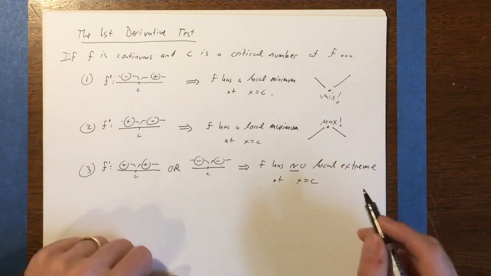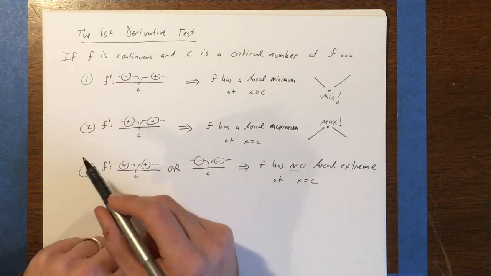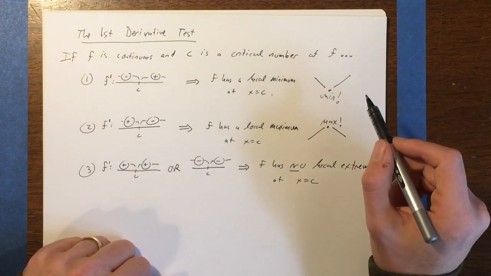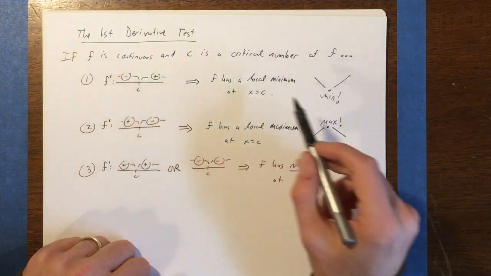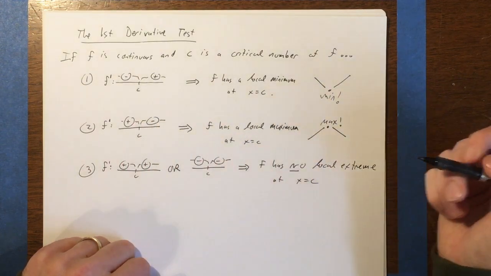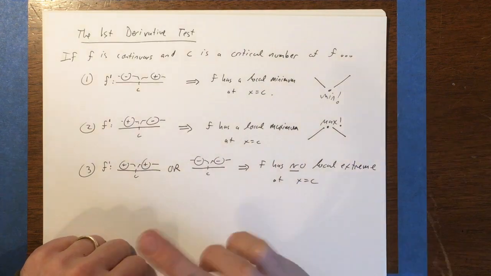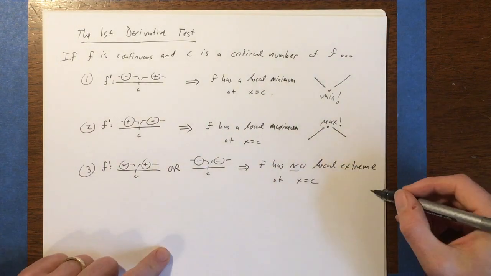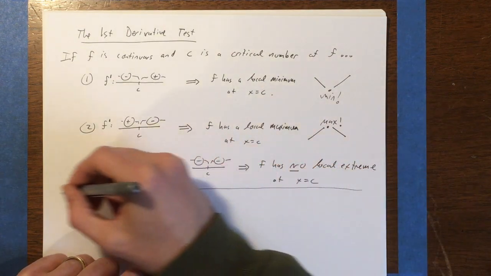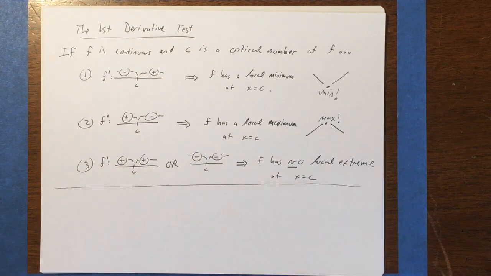So that would be something like it's going up, and then maybe it levels off and then keeps on going up. Or maybe it's coming down and it levels off and then it keeps on going down. So there's some kind of a critical number, but it's not actually a min or a max, right? So there we go. So that is a test you can use to determine that information.